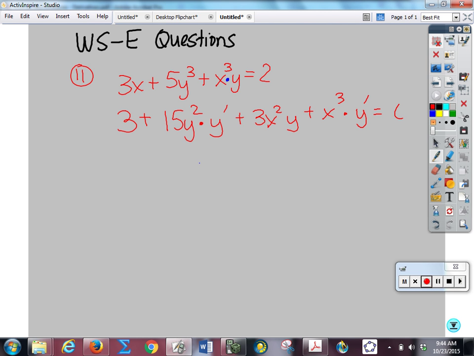And now you've got to solve that for y prime. So get y prime by itself on one side, factor it out. So I'm leaving all the y primes on one side and moving the other ones to the other side.